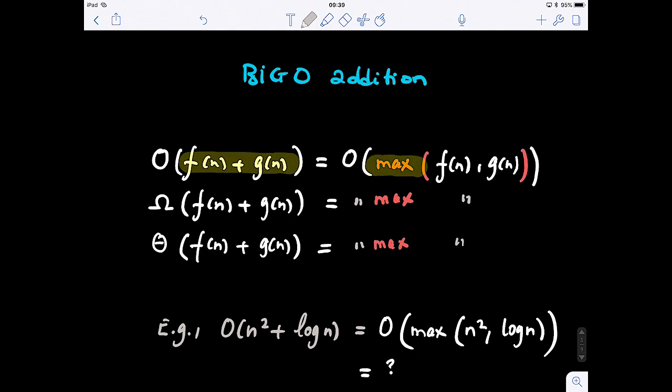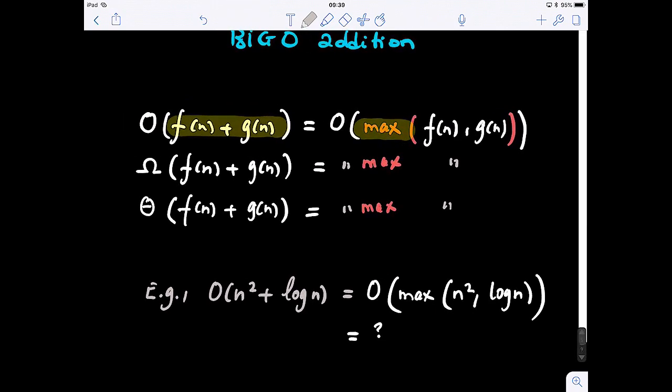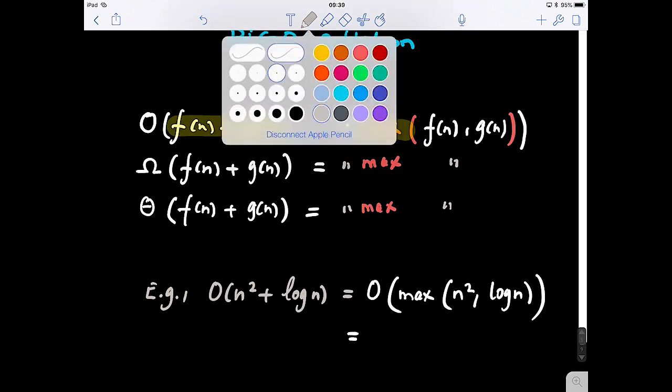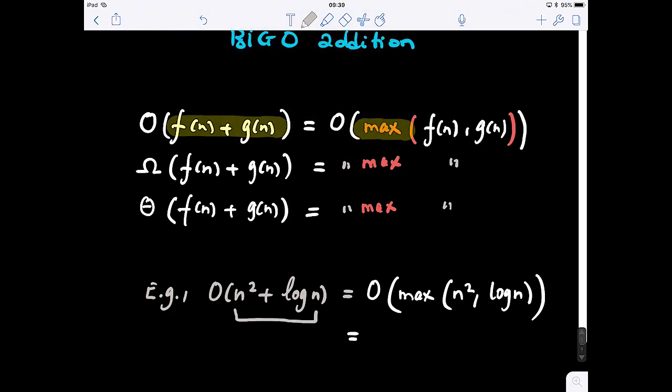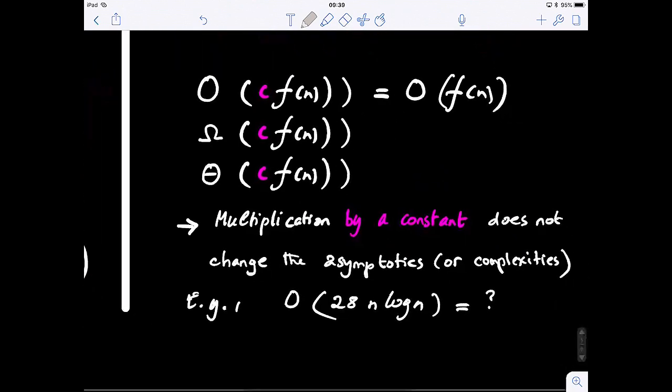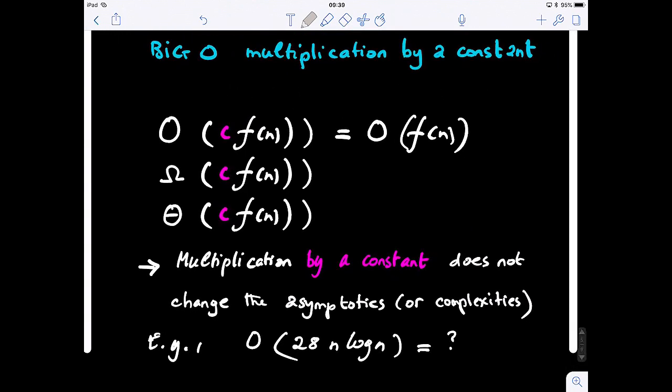Now let's look at this example. What is the order of growth of these two functions, n squared plus log n? N squared, right? Because it's the max. Quite simple. Now for multiplication by a constant, we previously saw that if you multiply by a positive constant c, it does not matter: c times f of n is still in the order of f of n.